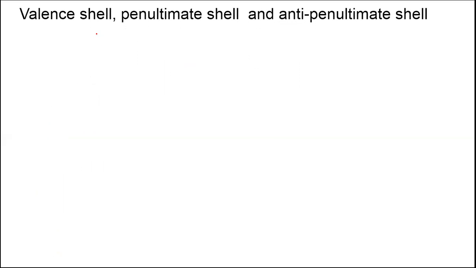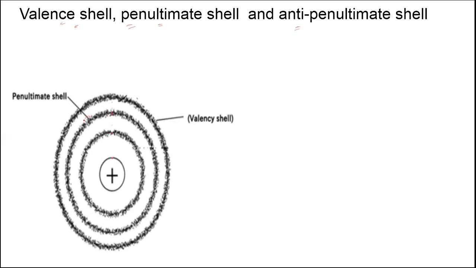First, we should understand a concept of valence shell, penultimate shell and anti-penultimate shell. The outermost shell of an atom is known as valence shell. Now we will discuss about the penultimate shell. So one before the valence shell is known as penultimate shell.